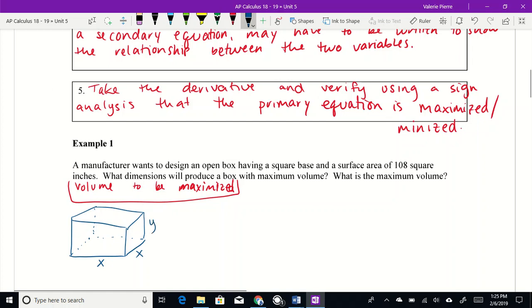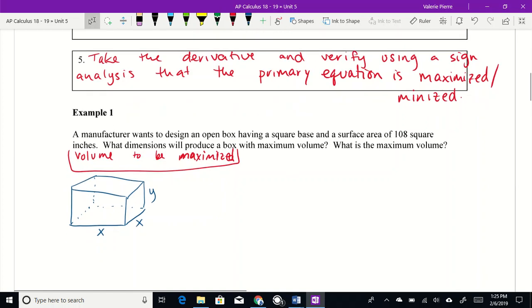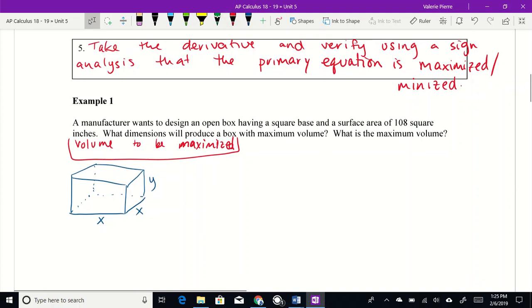And the height's probably different. Right, so then since I want to maximize volume, I need the equation for volume, which is, in this case, V equals base times height times width, right? So x times y. So we have x squared y based on what I have.